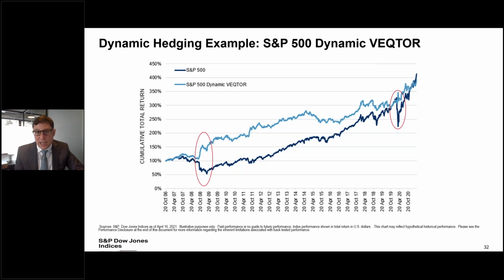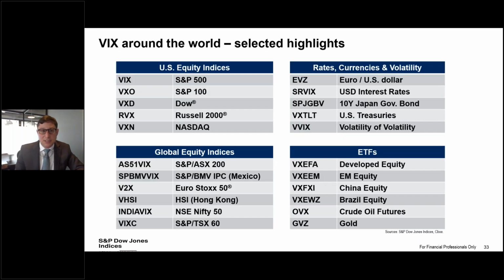Now, I am running out of time, so I will just very quickly say, we've been talking about the US VIX, 1-month VIX, based on the S&P 500. That's been around since 1990, but I'll do a very short advertisement for the fact that the same technology that underlies the VIX has been applied to options markets in various asset classes and geographies.